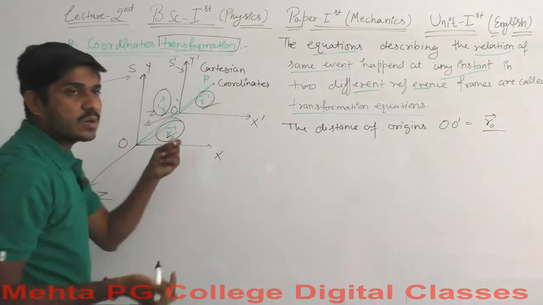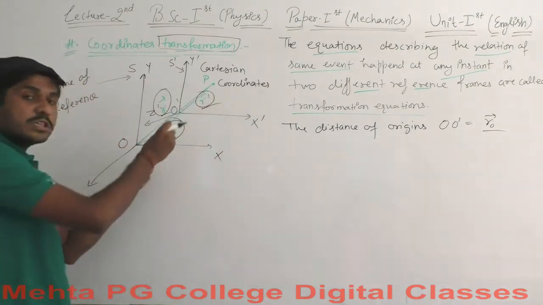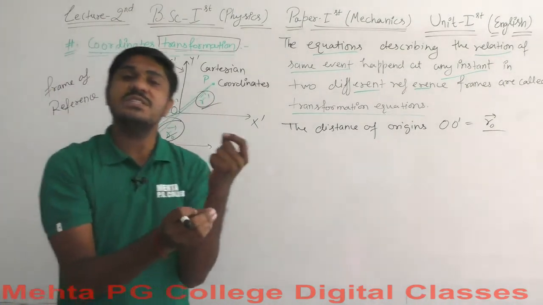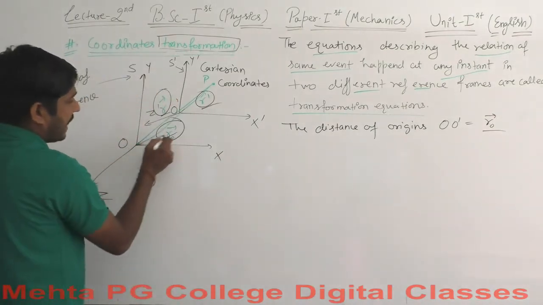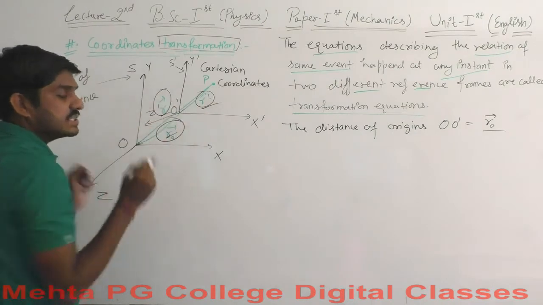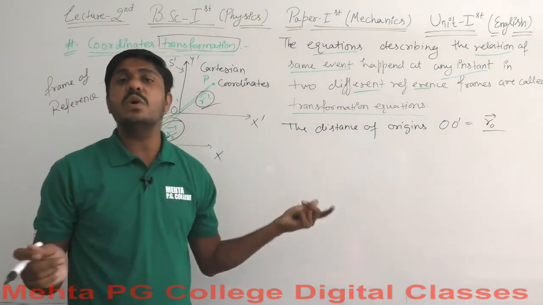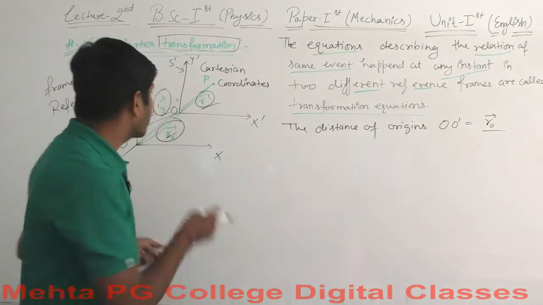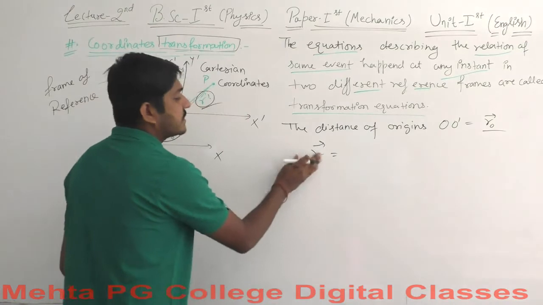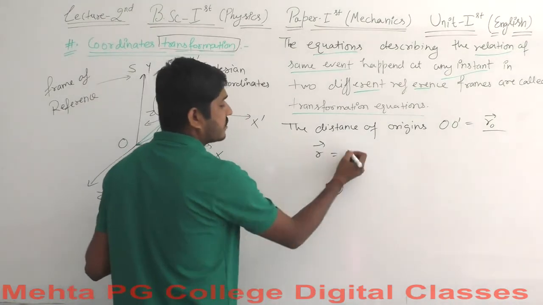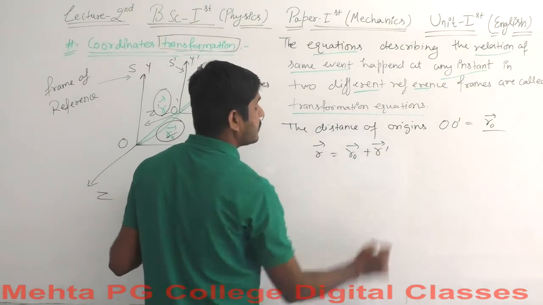If we consider that all these distances are infinitesimal, very small, we can consider this particular line, R naught plus R dash, as a linear line with no bends or curve. So we can say that R vector could be equal to R naught vector plus R dash vector.